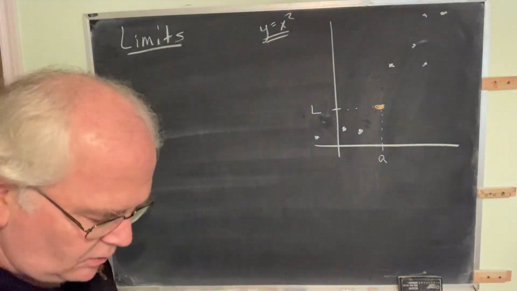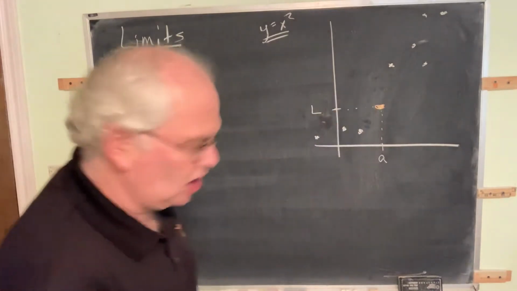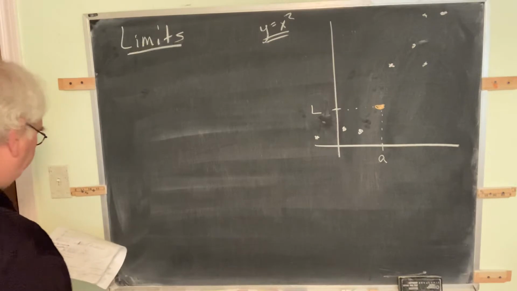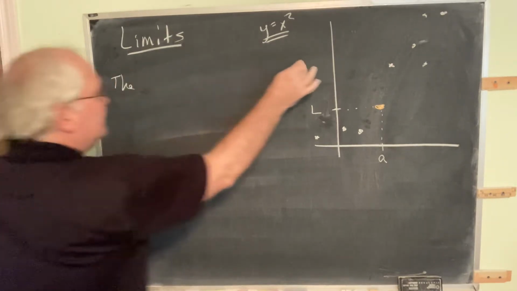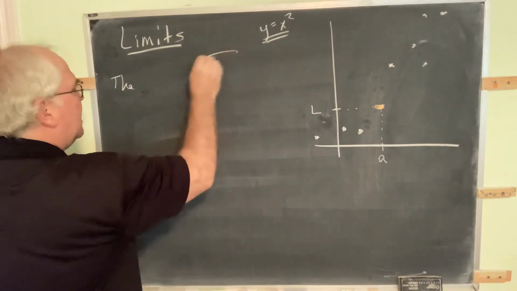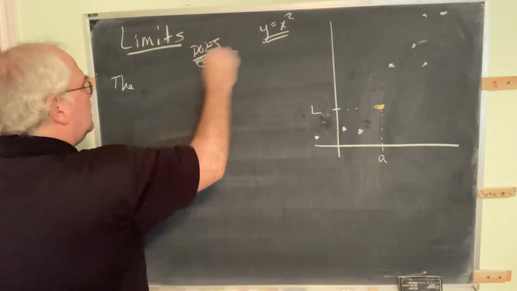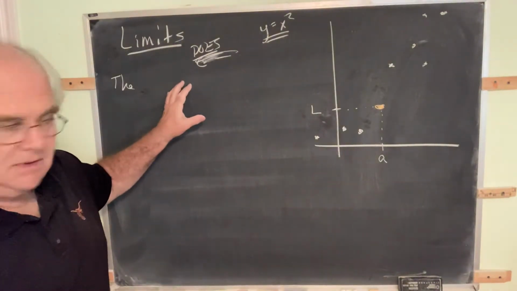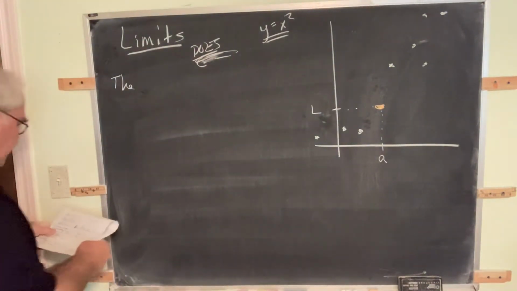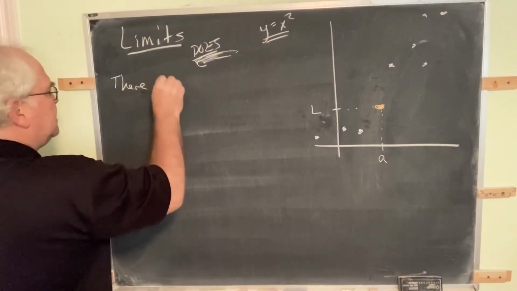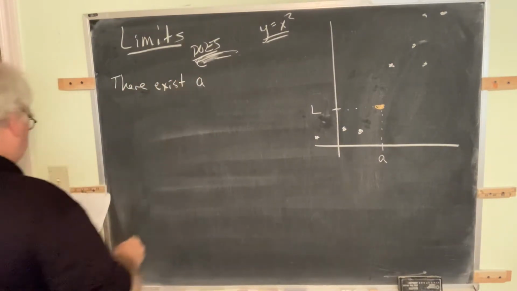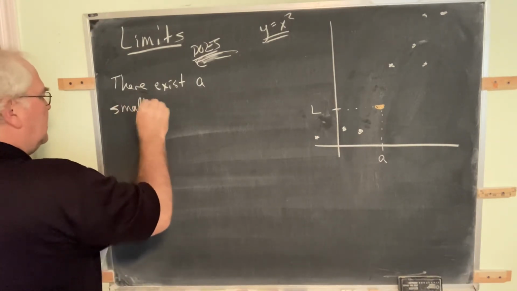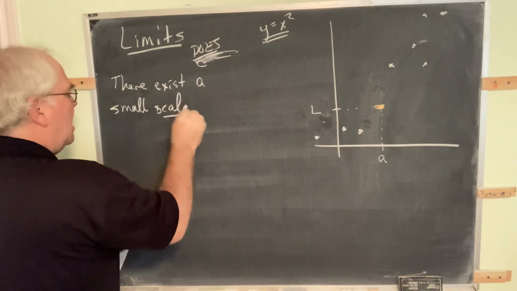All right. So what do we mean by saying this does occur? I have a way of writing it here. It says this: if this were happening, and this is what we don't want to occur, but I'm going to describe what if it did, it would mean that there exists a small enough scale.